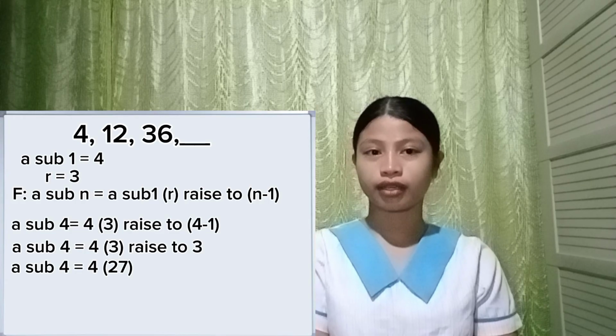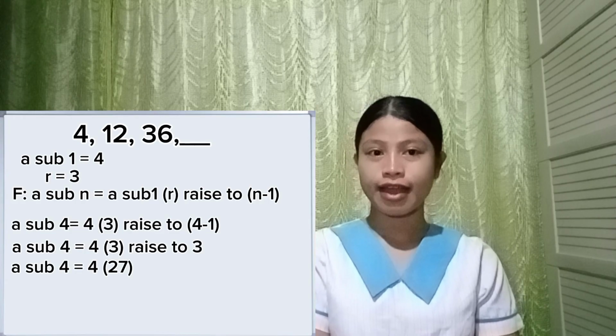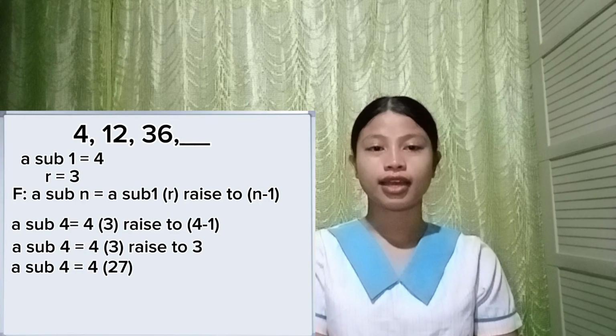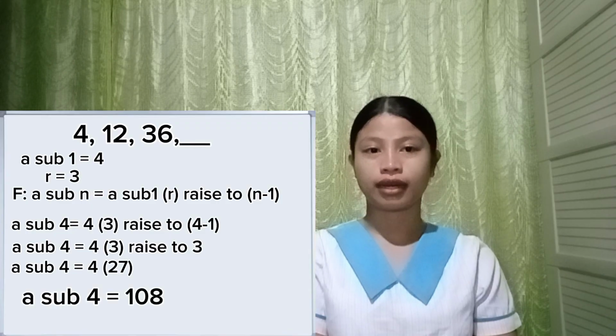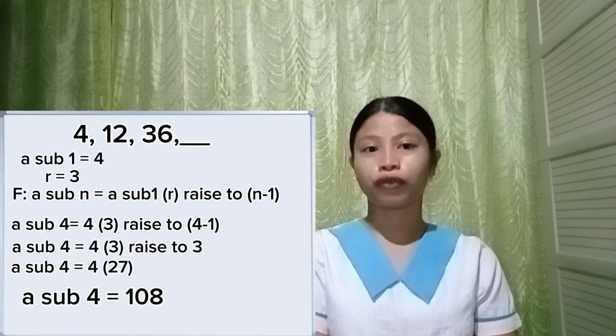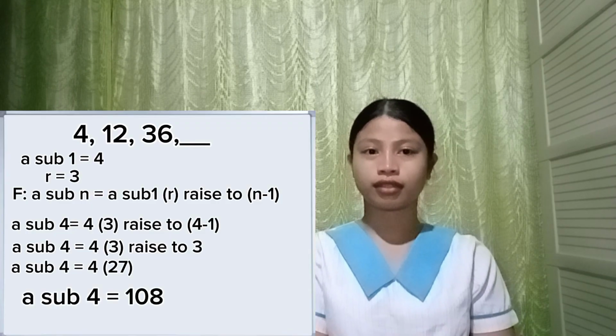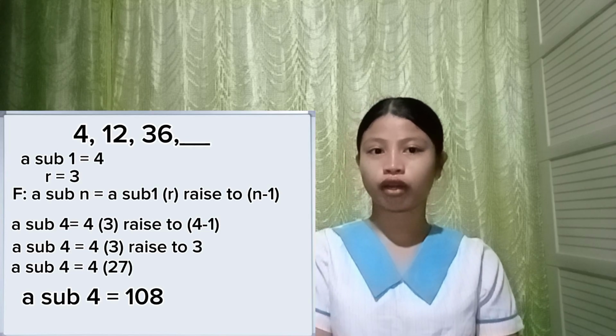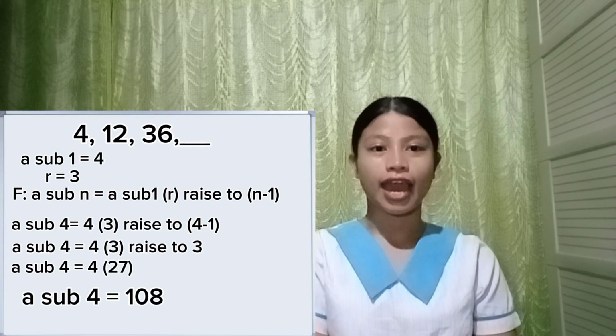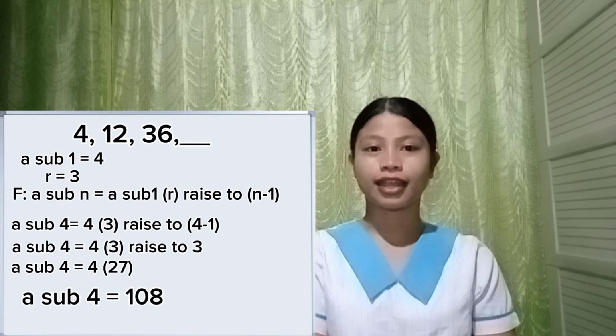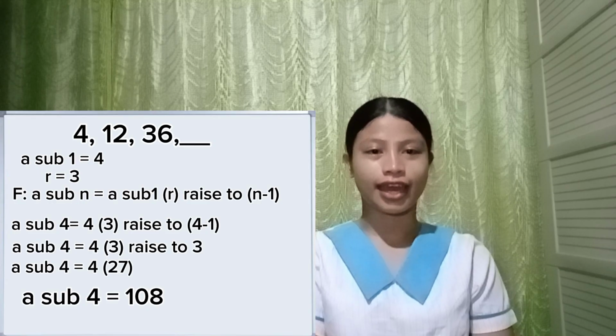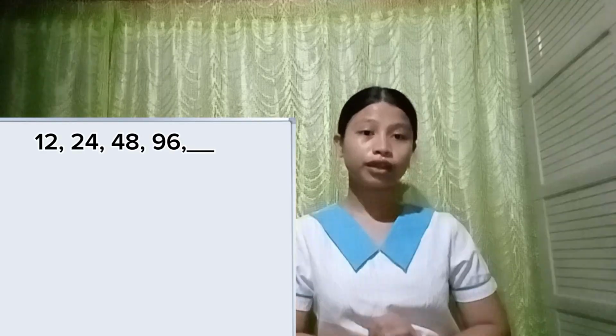So a sub 4 is equal to 4 times 27 is equal to 108. So in this sequence 4, 12, 36, the fourth term is 108.